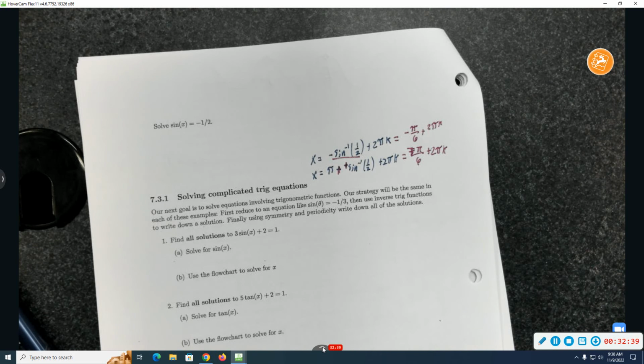Inverse sine, inverse cosine, and inverse tangent.